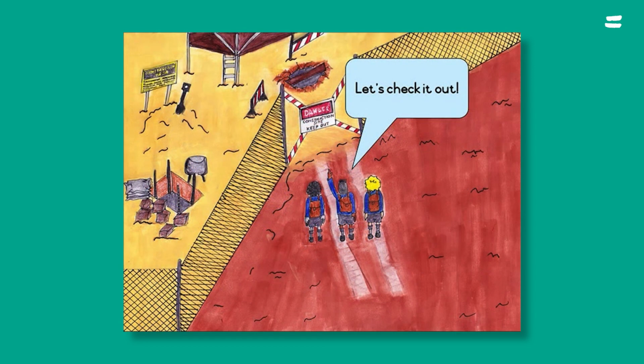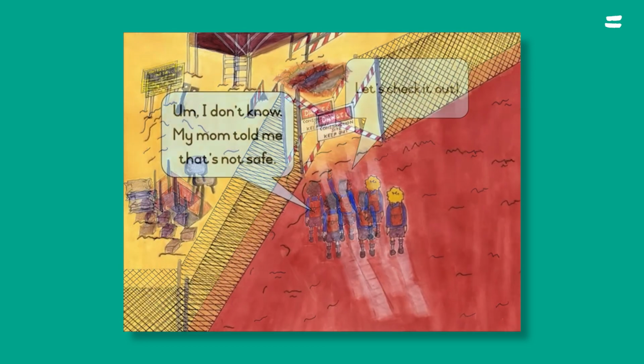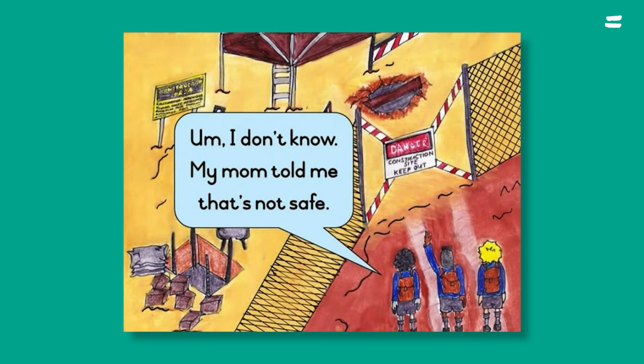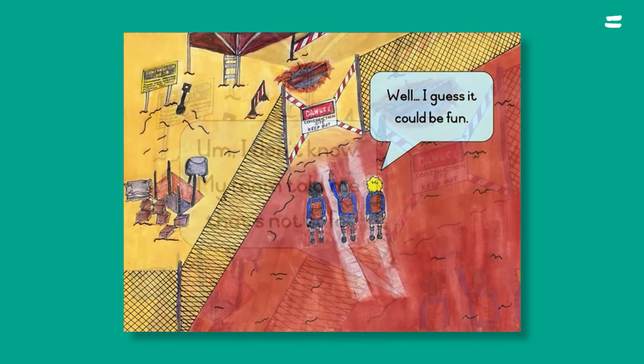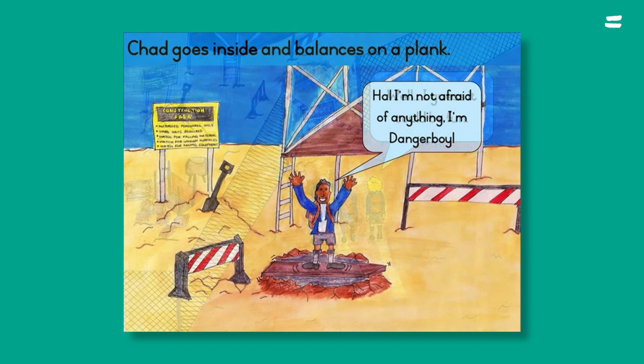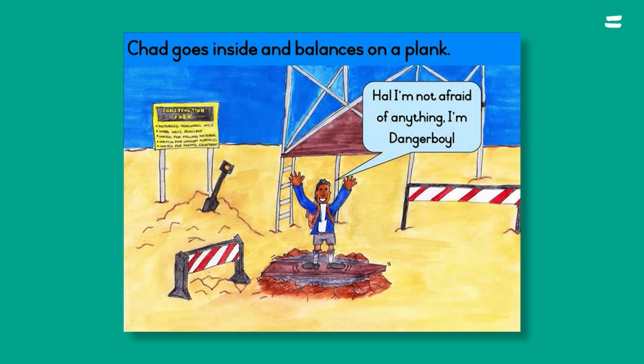"Let's check it out." "I don't know. My mom told me that's not safe." "Well, I guess it could be fun." Chad goes inside and balances on a plank. "Ha! I'm not afraid of anything. I'm Danger Boy."